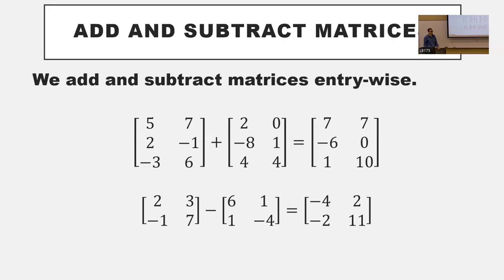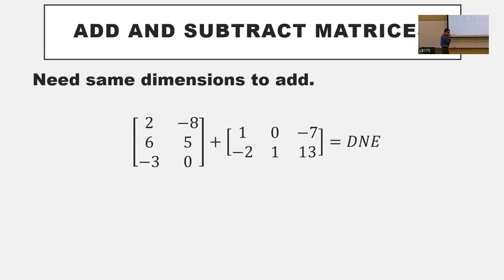Is that right? This is pretty intuitive. If you were to guess how you'd add matrices of the same dimensions, that's hopefully what you would do. Just add the entries together.